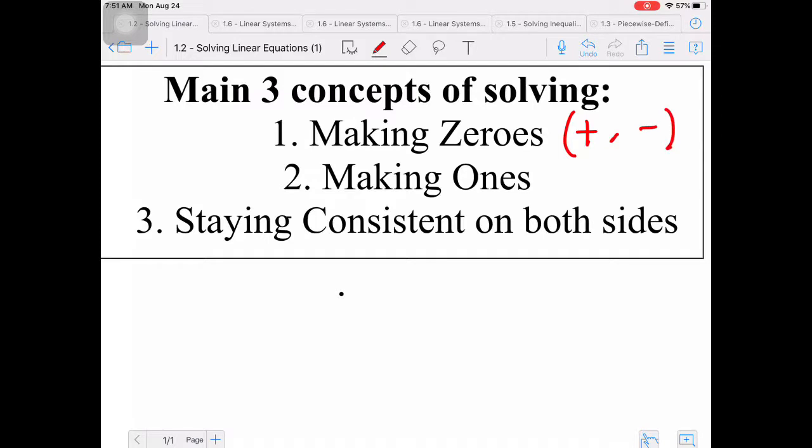You gotta be able to make zeros by adding or subtracting. Making ones: how do I make ones? You gotta be able to make ones by either multiplying or dividing. And then staying consistent on both sides.